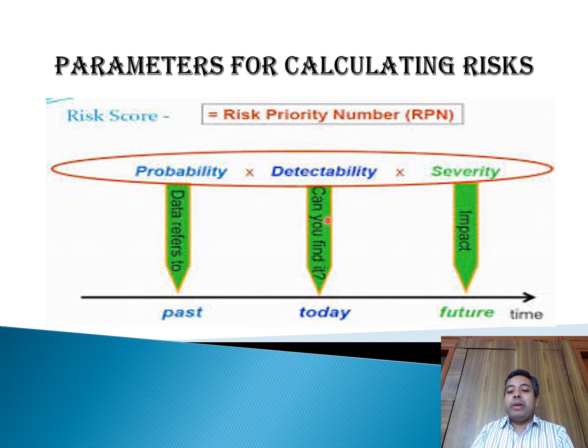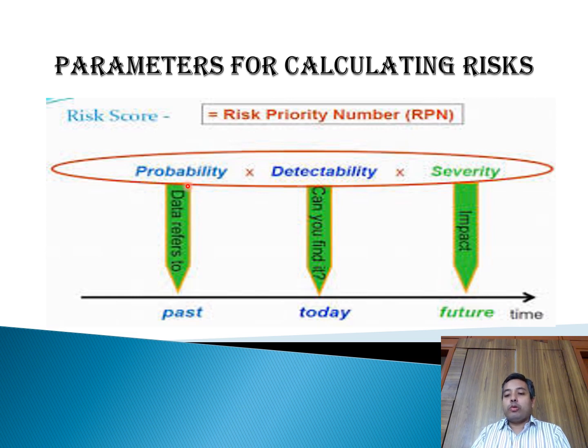Based upon a brainstorming session by team members involved in the risk management process, a score shall be given to these three parameters, which I have already told as severity, detectability, and probability, that is likelihood of occurrence of failure.